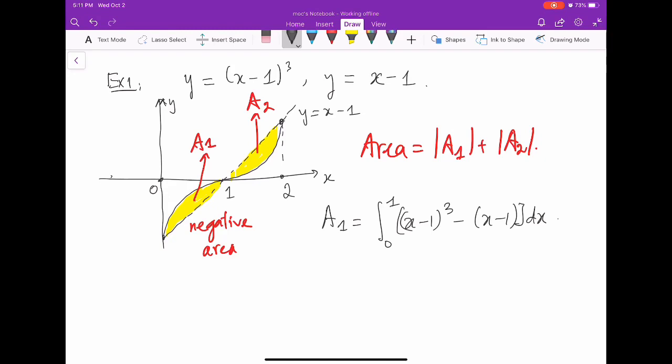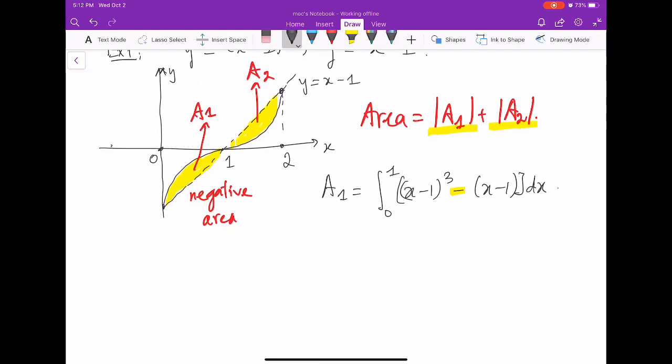But in general, you can write it randomly, like (x minus 1) minus (x minus 1) cubed. That does not matter, because at the end, you need to take the absolute value right here and right here. So that's okay, and I need to evaluate this integral.